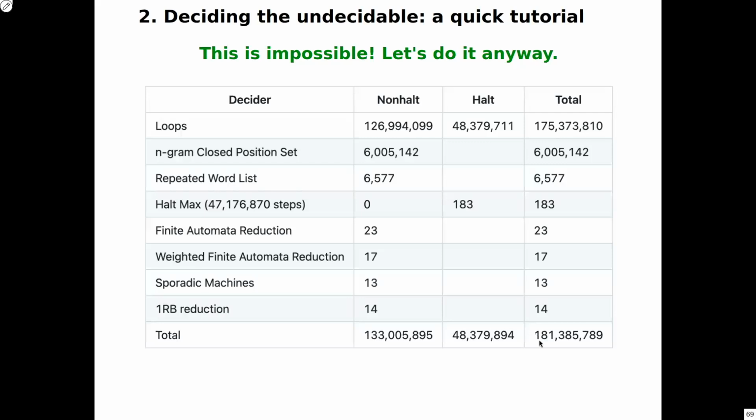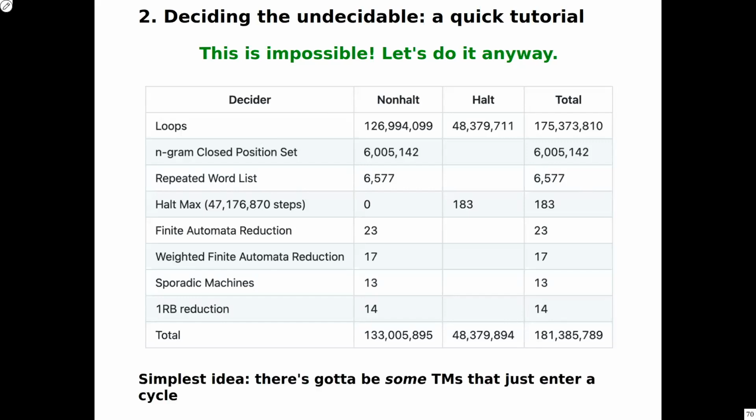So here we have some statistics, from the total of 180 million machines. Almost all of them are decided by the first decider, which detects loops, and then we have more advanced techniques, and it's a quick drop-off, right?